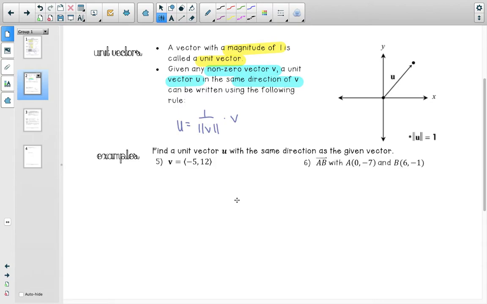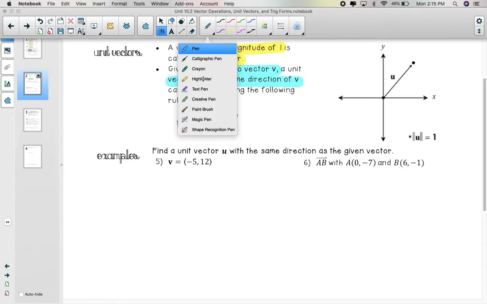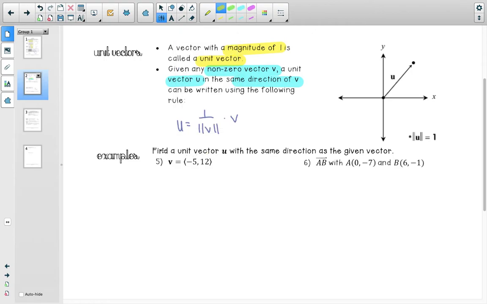Okay, so we need to find the unit vector u with the same direction of the given vector. To do that, the first thing I want you to do is find the magnitude. If you remember when we do that, you're just squaring and adding and then square rooting.